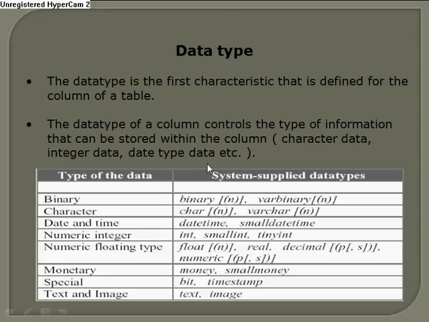After that, in the next session we will see how we can do other operations like insert, delete, update with our database, and stored procedures, triggers and all these things.